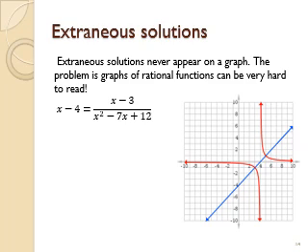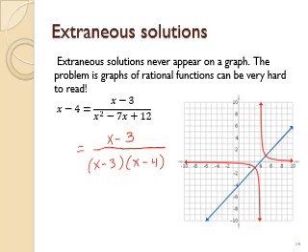Well, if you think about what you hopefully know about graphing rational functions, look at that denominator, x squared minus 7x plus 12. That can be factored, and it factors into x minus 3 and x minus 4. And you see what's happening right here?